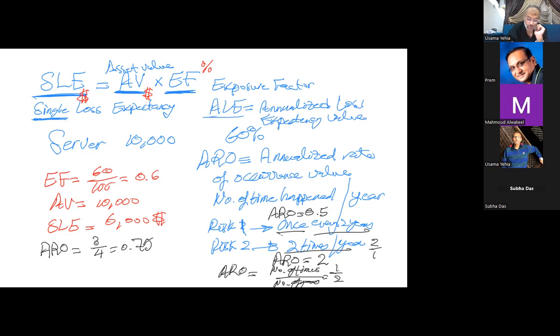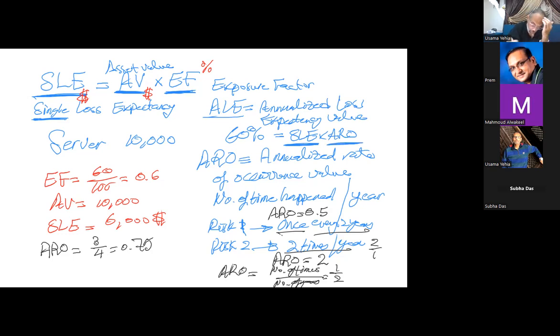What is ALE? It is the loss for an asset every year, annualized. This means that ALE equals SLE times ARO. What is the loss per one incident, times the number of times it will happen?